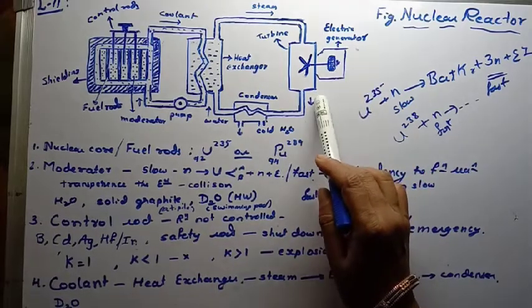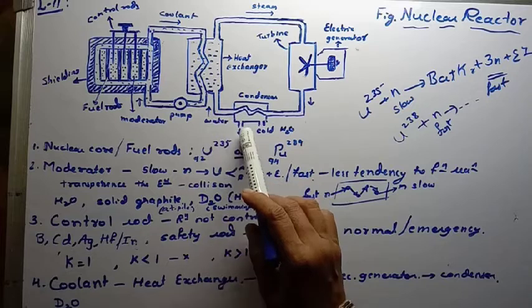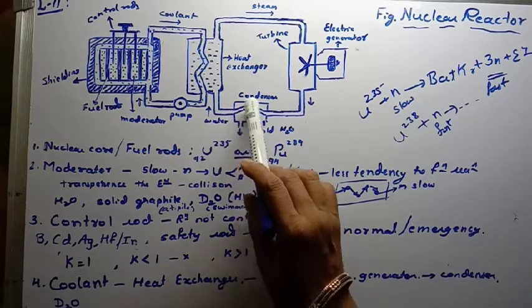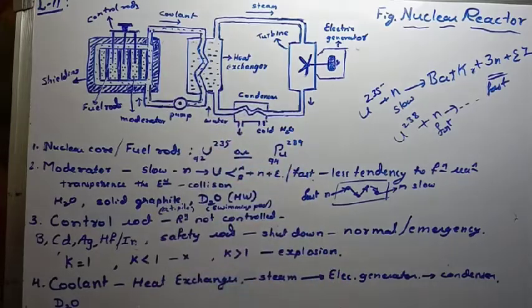The low pressure steam comes out from this chamber and enters the condenser, where it cools down, and cold water is circulated here, and once again it enters the heat exchanger.